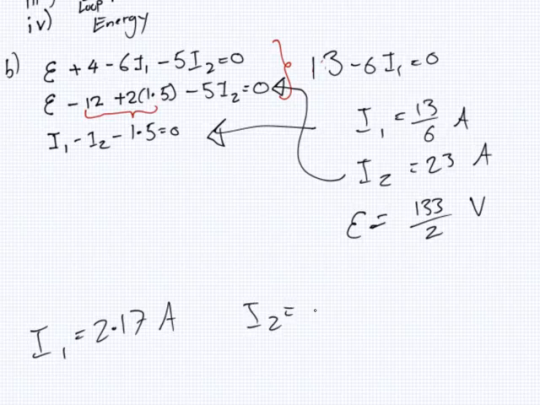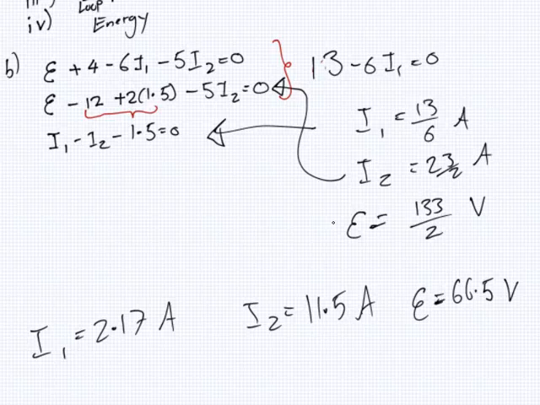I2 is 23 over 2 amps, so 11.5 amps. And then E is 133 divided by 2, 66.5 volts. I don't think I made a mistake. The E seems very big to me, but whatever.